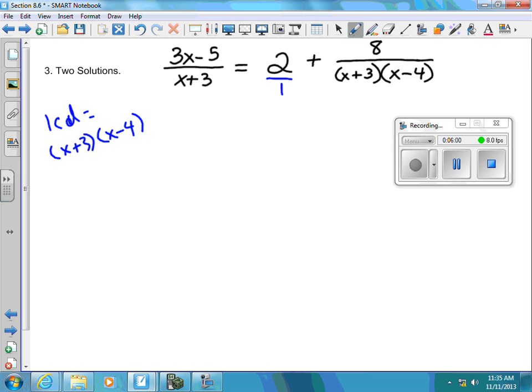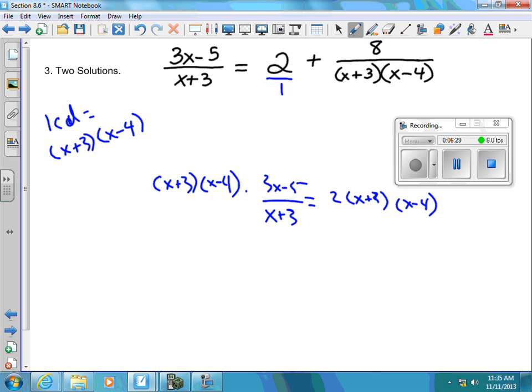So if I go through and multiply each of these terms by our LCD, we should have something that should simplify and get rid of all the fractions for us. So x plus 3 times x minus 4, multiply that by 3x minus 5 over x plus 3 equals 2 times x plus 3 times x minus 4 all over 1.